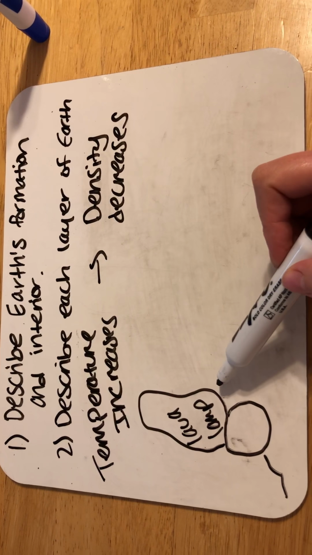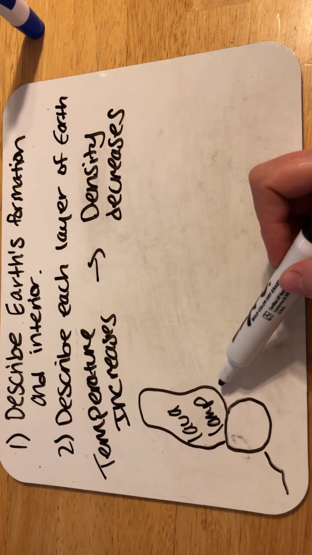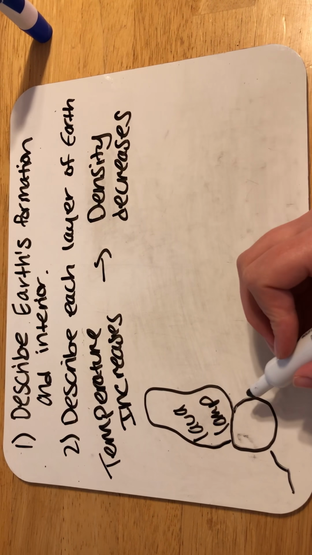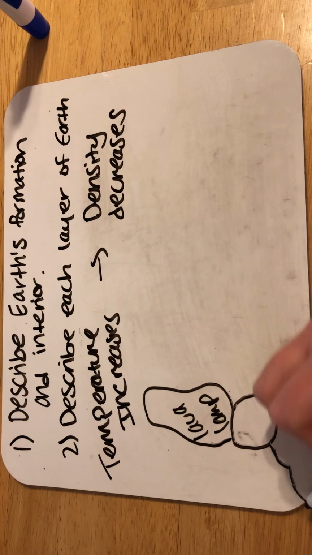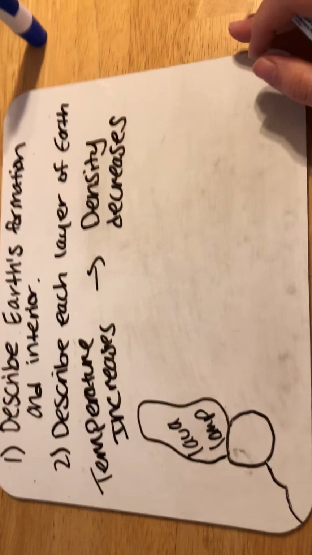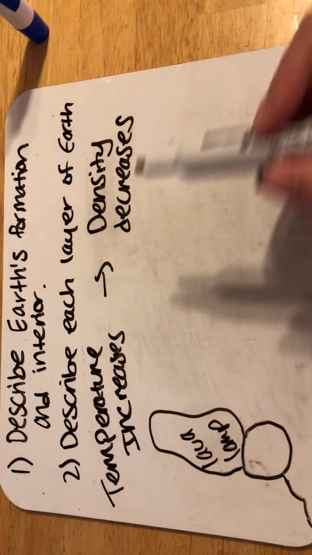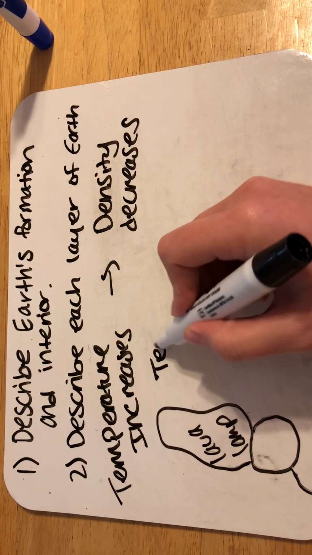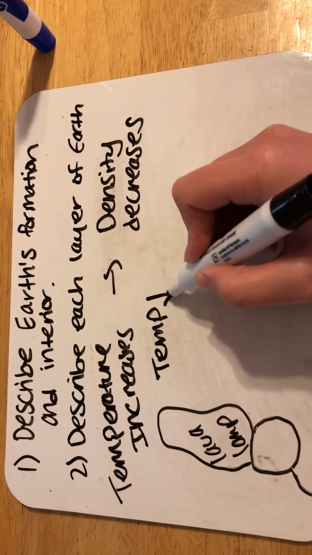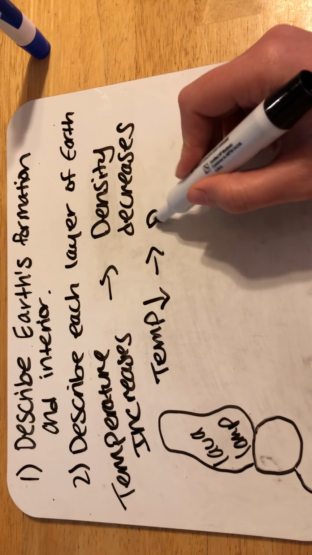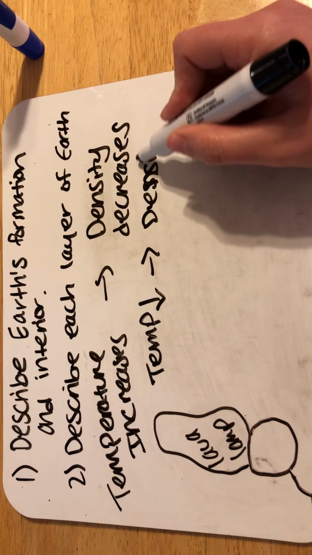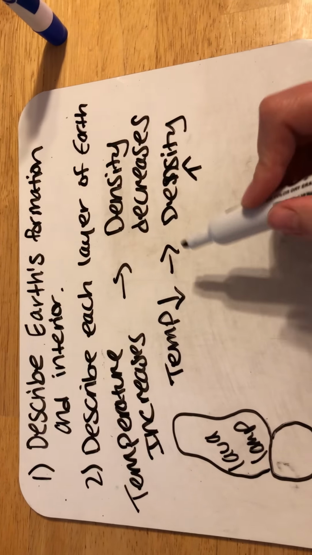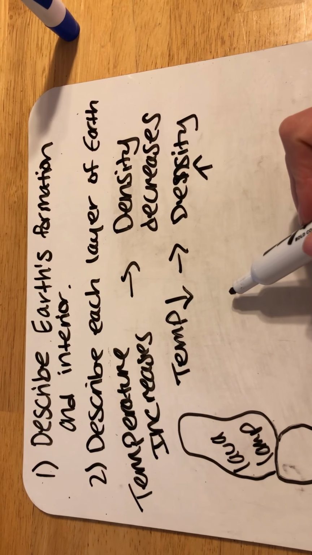I like to think of this as the lava lamp idea of early Earth. So when my temperature decreases, when my temperature goes down, density will go up. So these are opposites.